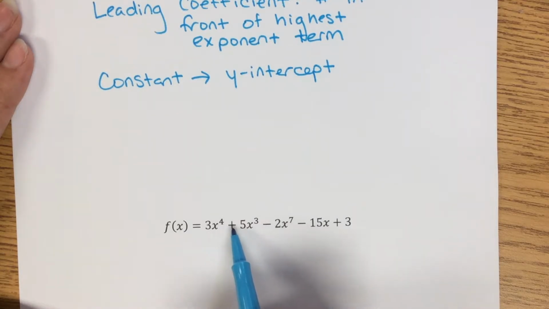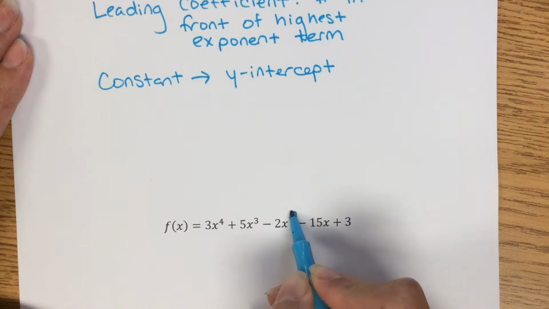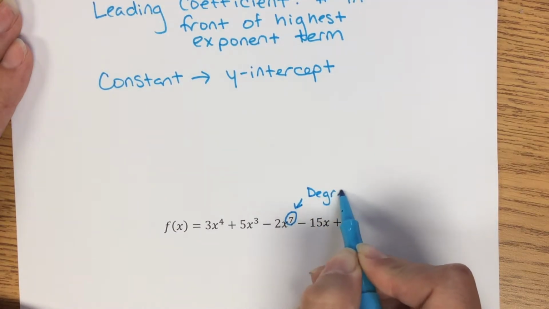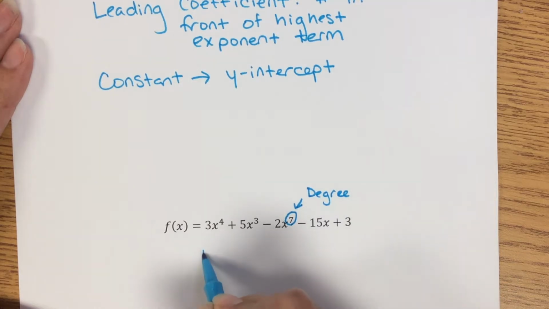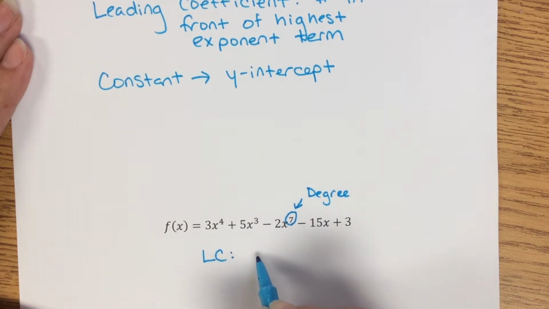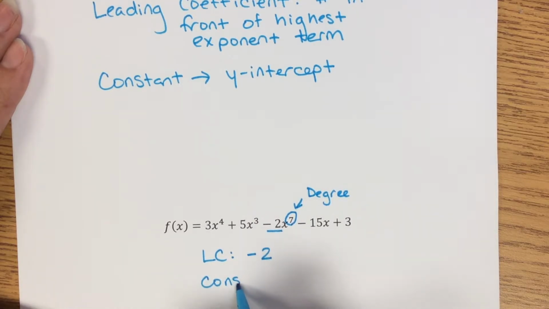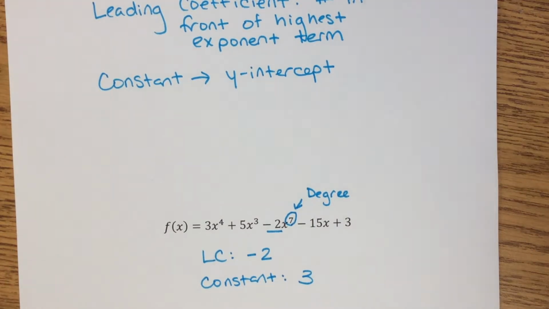It is not in descending order. This is your degree. If that is your degree, your leading coefficient is -2. And your constant is 3. So your y-intercept is at 3.